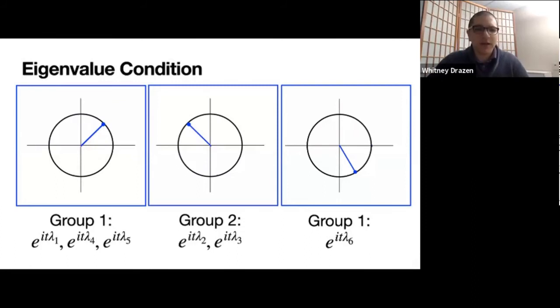So we have to group the eigenvalues and see if there's a time at which all of the eigenvalues in each group simultaneously overlap with each other. Okay, and so those are the conditions for fractional revival, and approximate fractional revival is going to have a very similar characterization.